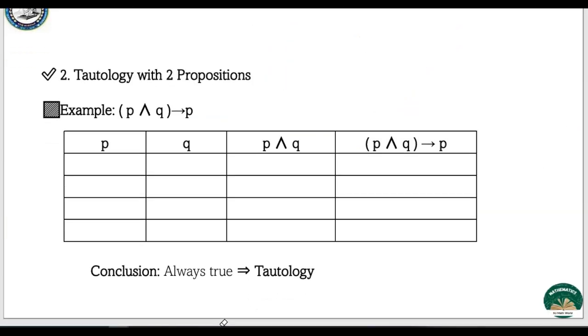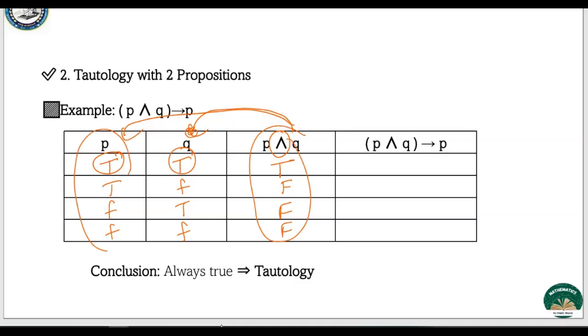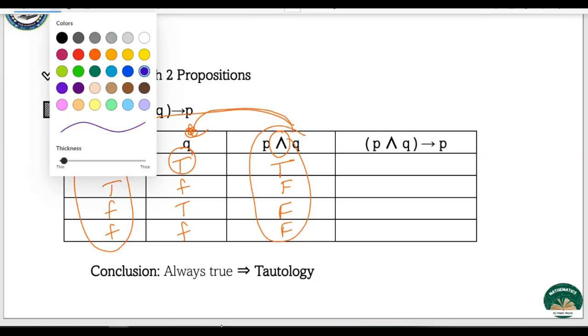a tautology of two propositions, that is P and Q. If it is P and Q, it will be T, T, F, F and T, F, T, F. Here and means that if both the values are T, the value is T, otherwise it is false. Now we will check for P and Q implies P. We'll be checking this table against this table, but we have to go in reverse order because here we have P and Q in the beginning.